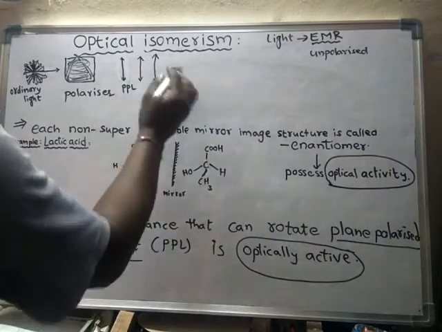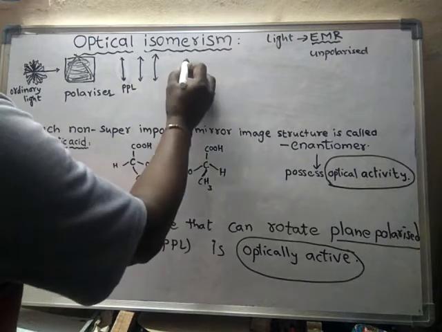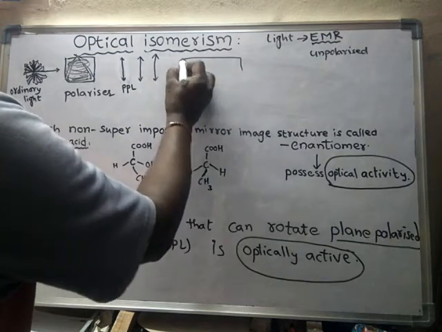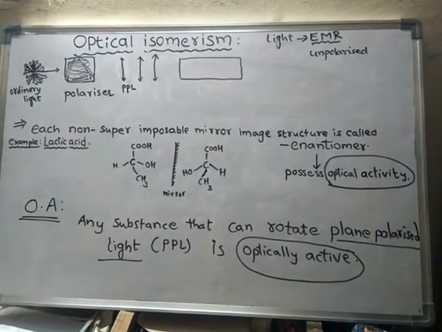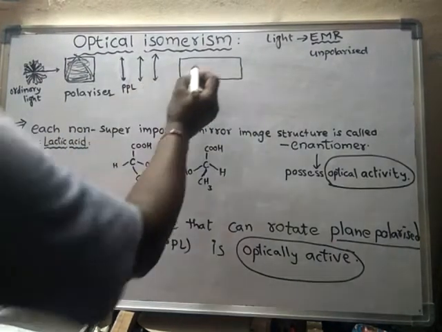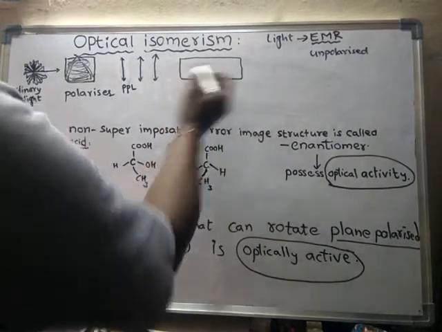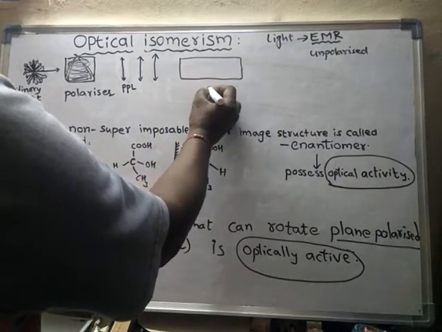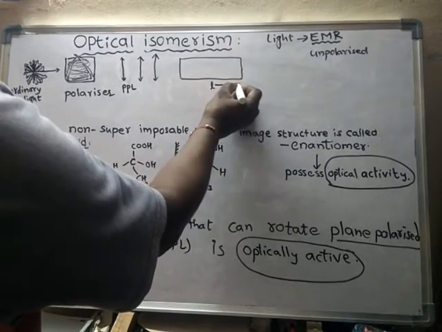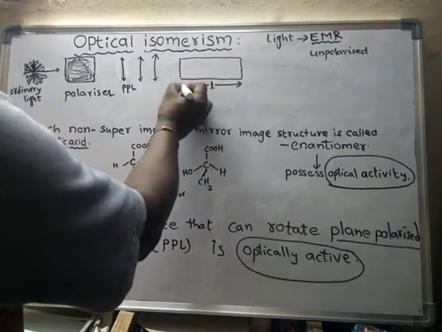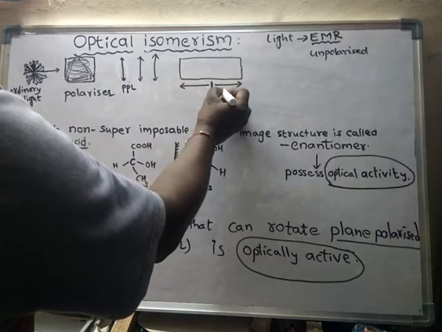Now it is allowed to pass through a substance which is kept in a glass tube of a certain length L, let us assume L decimeter.